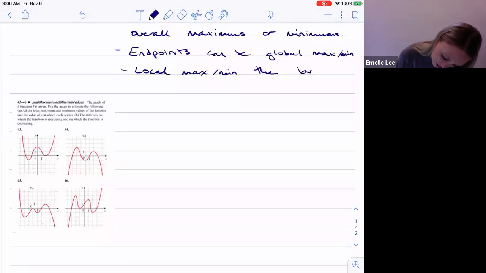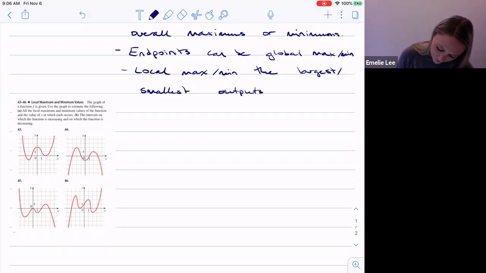The largest or smallest outputs in a neighborhood.